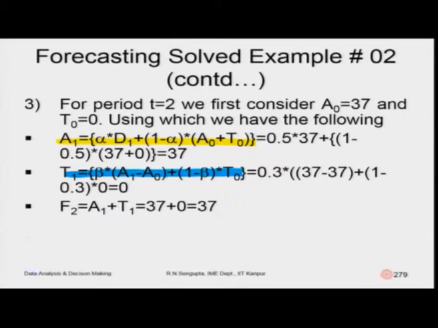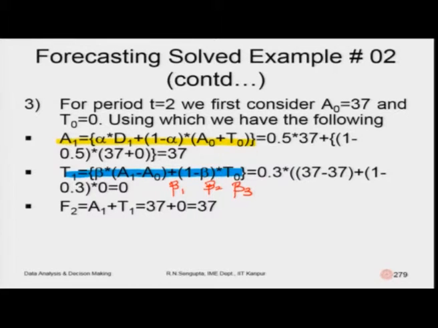So, you would basically have a beta 1 here, a beta 2 here and a beta 3 here, considering beta 1 is the weight for the difference between A1 and A0, beta 2 is the weight we are giving to T naught and beta 3 is the weight we are trying to give to T minus 1. So, here we consider only 2 betas, so the sum is 1.